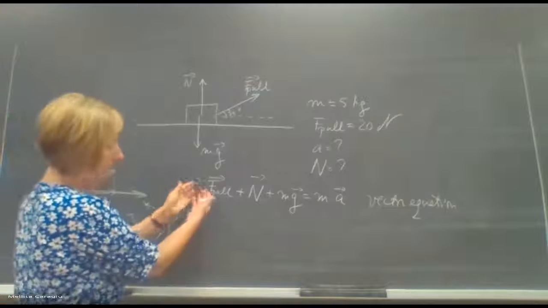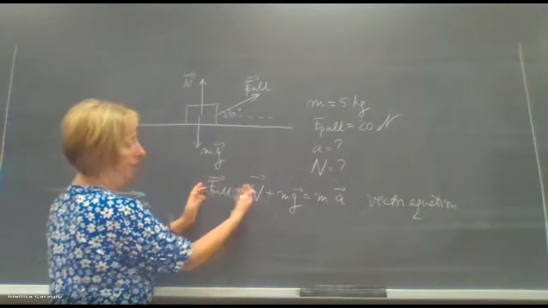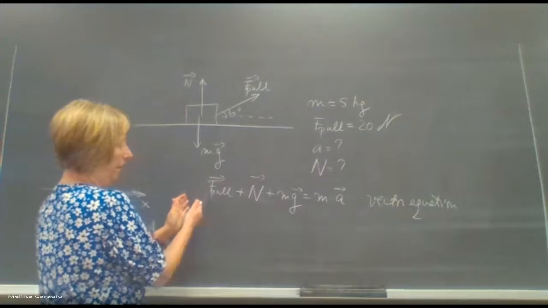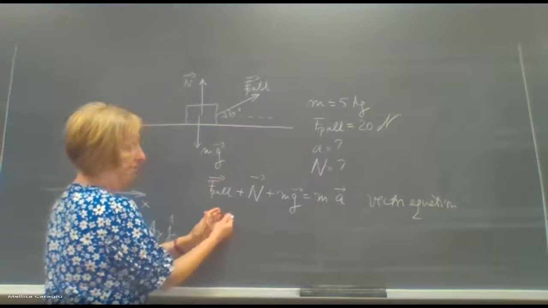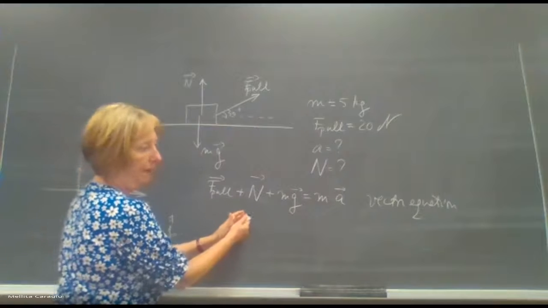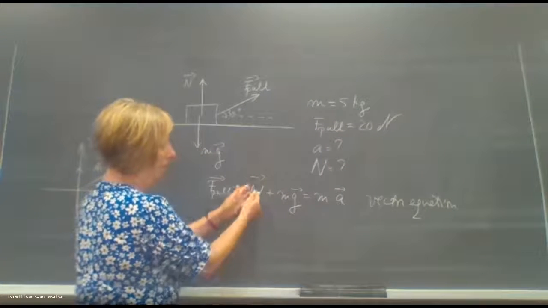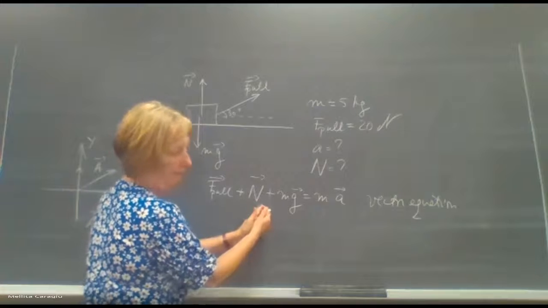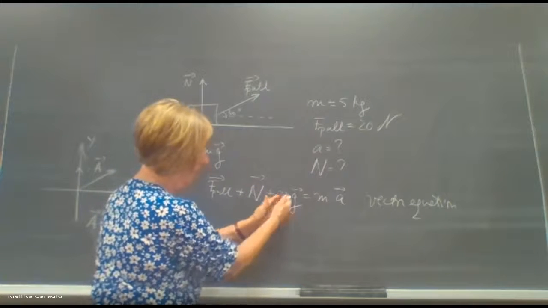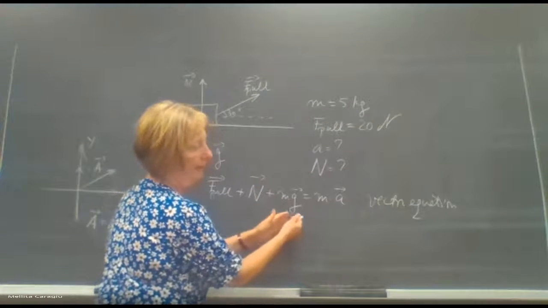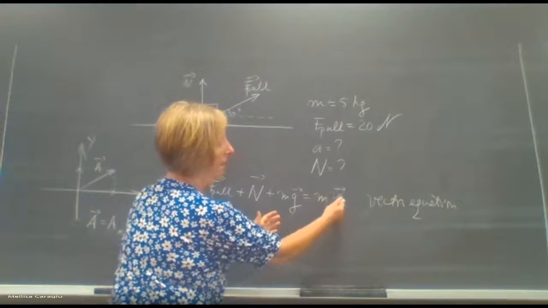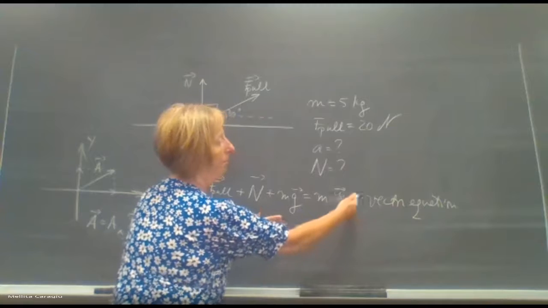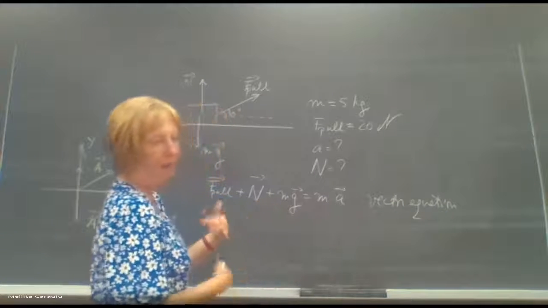And then when every force here is written as F pull along x i hat plus F pull along y j hat plus n along x i hat plus n along y j hat plus mg along x i hat plus mg along y j hat equals mass times acceleration along x i hat plus acceleration along y j hat.